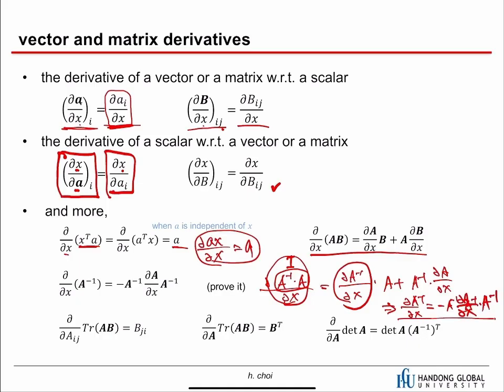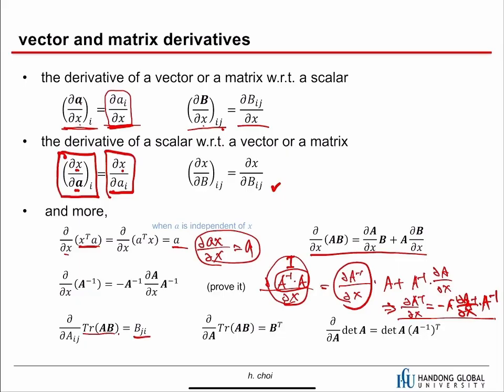Okay, so you can get this one. Okay, and then we can take a derivative of the trace operator with respect to A, then we can get B ji.